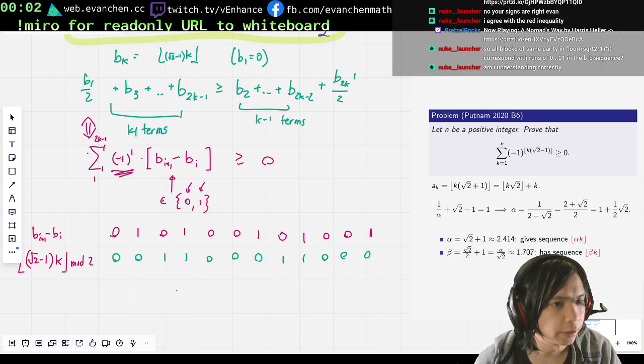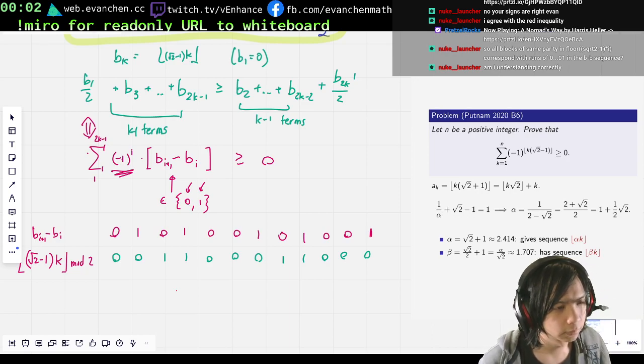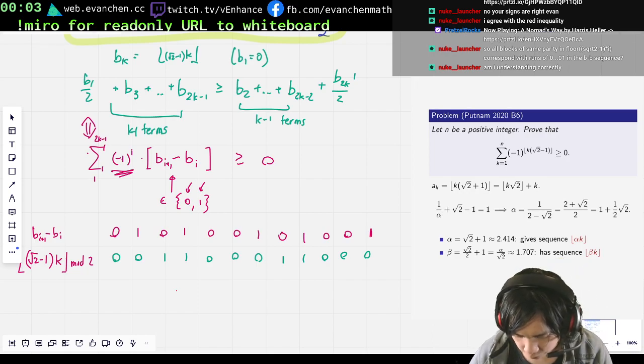So in the b minus b sequence, the runs correspond to here. The runs always have length 2 or 3, so yeah. I wonder if I just pair them into blocks or something.